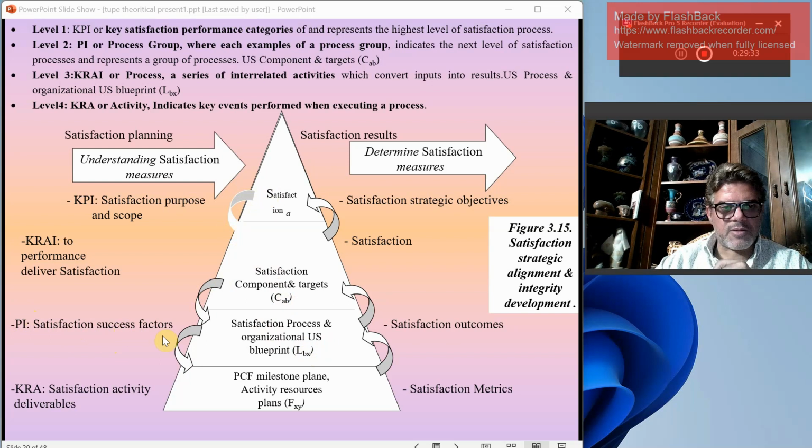It's written right, okay, except the key result area indicator. So satisfaction success factors of satisfaction process and organizational user satisfaction blueprint. User satisfaction shouldn't be here because we're talking about right now satisfaction in a broad perspective.